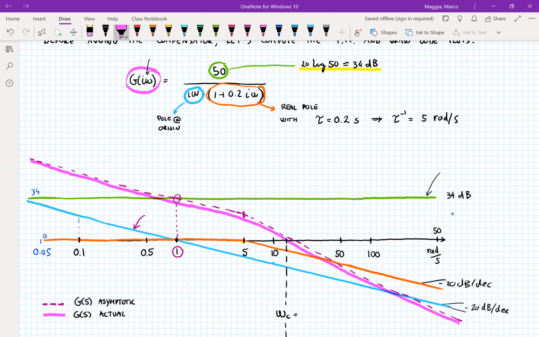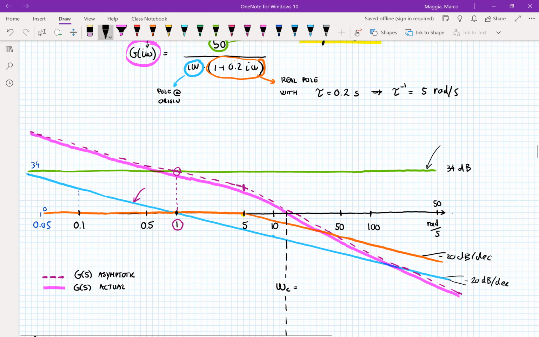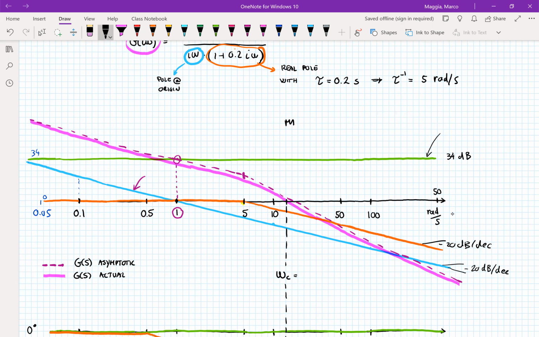All right, so this kind of looks like it should be the actual plot. Okay, so this is in terms of magnitude.